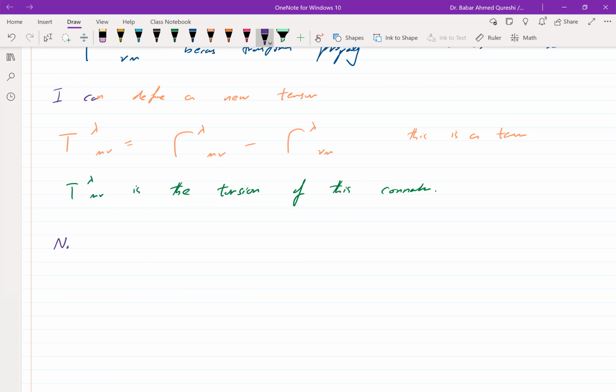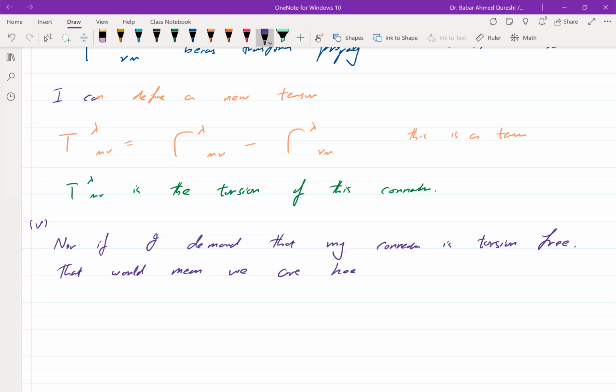Now, this would be my fifth demand. I demand that my connection is torsion free. That would mean we are keeping the symmetric part of the connection coefficients.